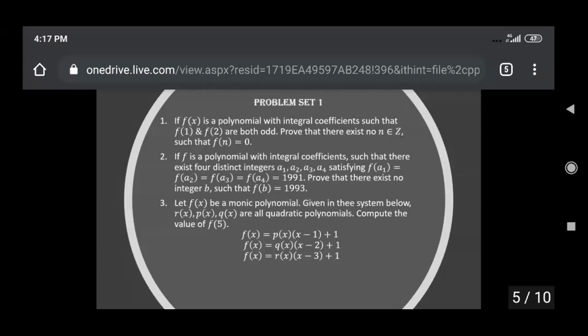Then we'll move on to the next slide with the solution of problem set 1.